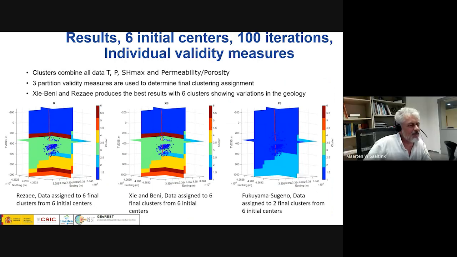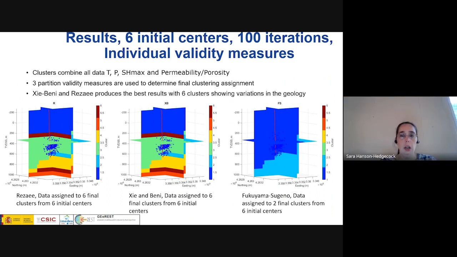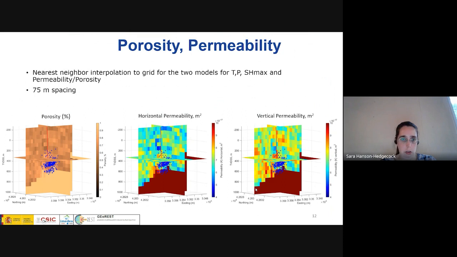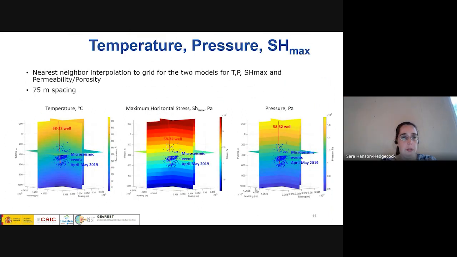Okay. I hope that helps. Thank you. I have just one question a little bit on the data, because you only use porosity and conductivity data, it seems to me. No, we also have temperature, because we need to have heat. The maximum horizontal stress, because that controls how the rock fractures, what direction.